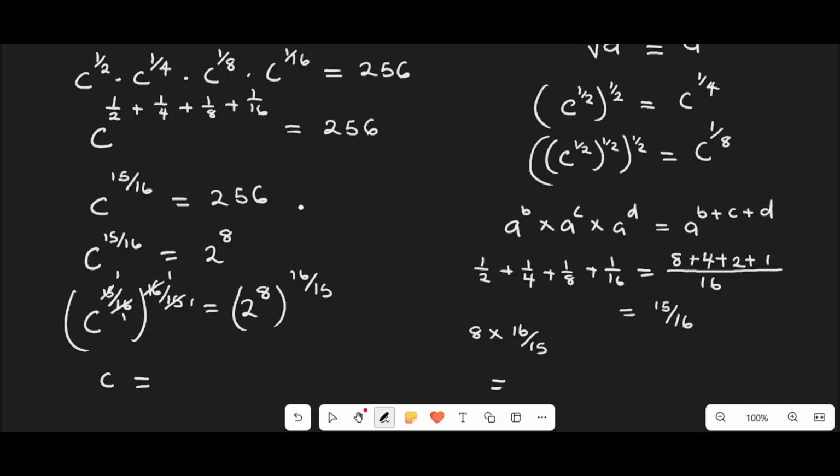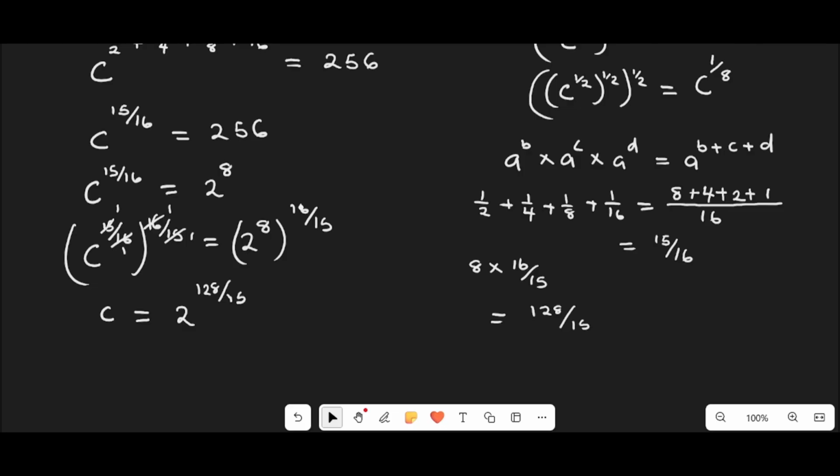Our answer is going to be 128 over 15. So let us replace this with 128 over 15. C equals 2 raised to power 128 over 15.